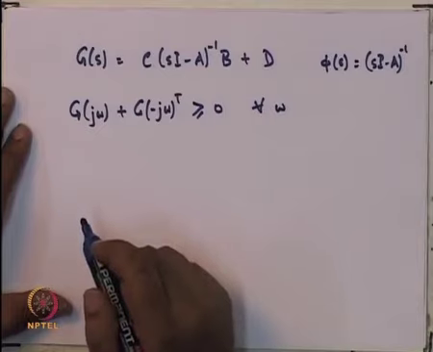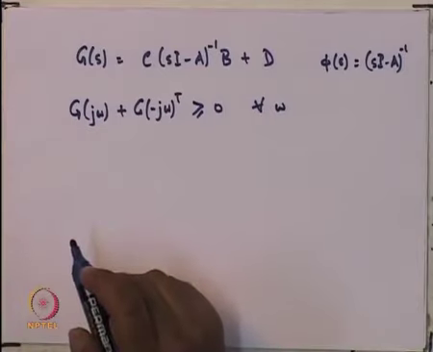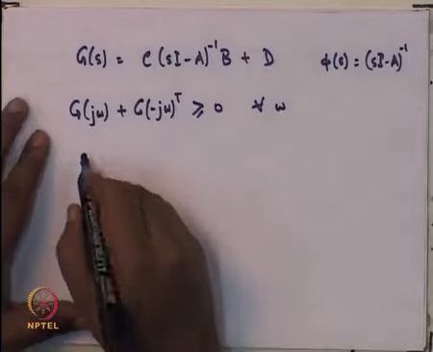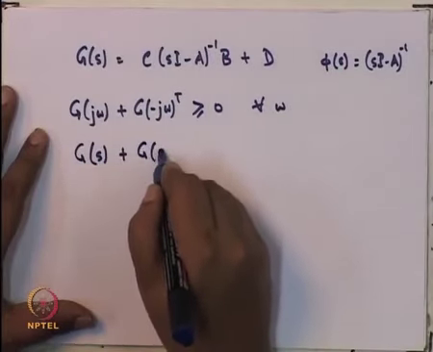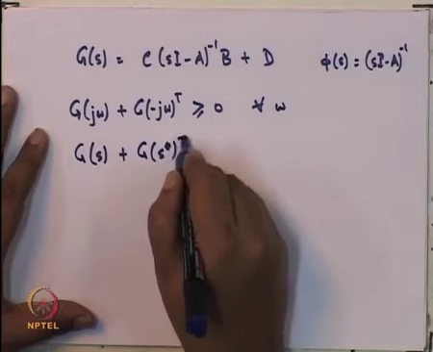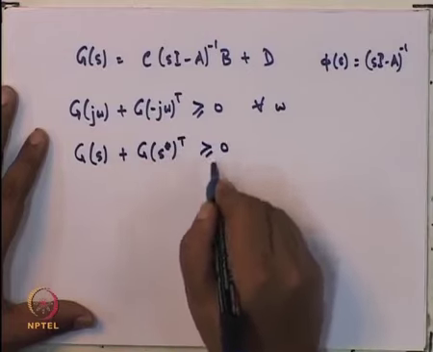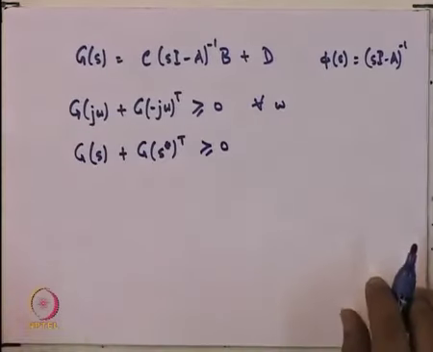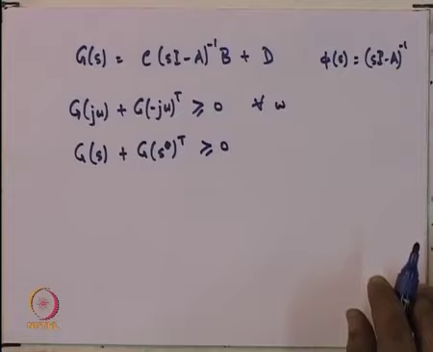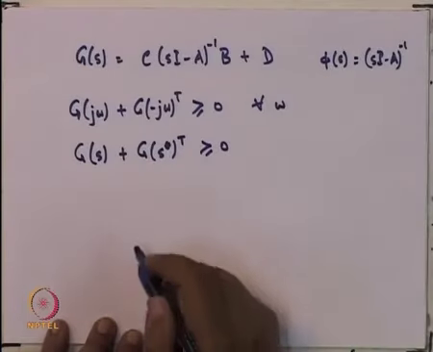What I am going to show is G(s) plus G(s star) transpose is greater than or equal to 0. This is roughly what I would be showing. Okay, now how to show this?